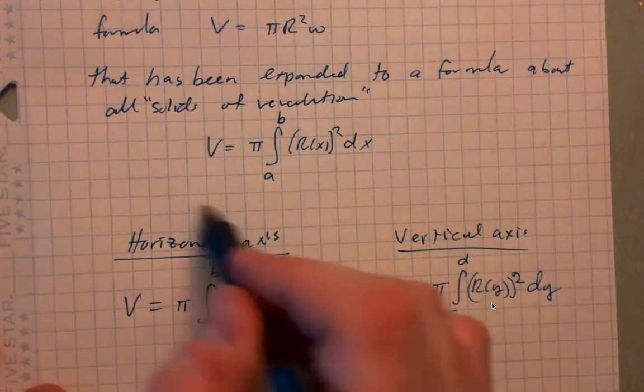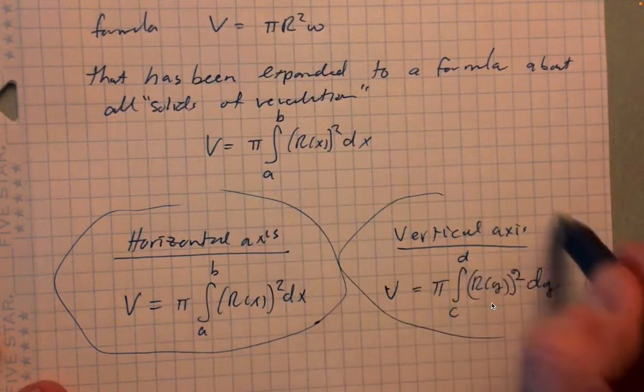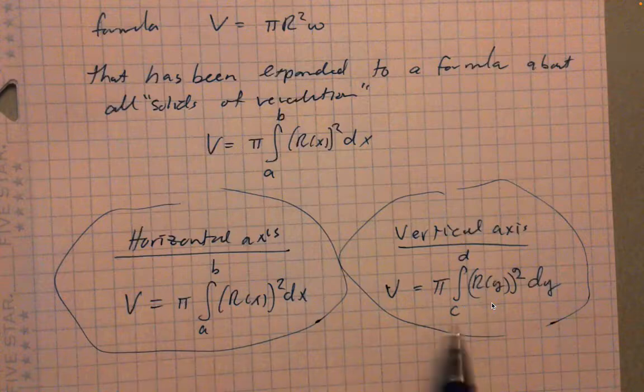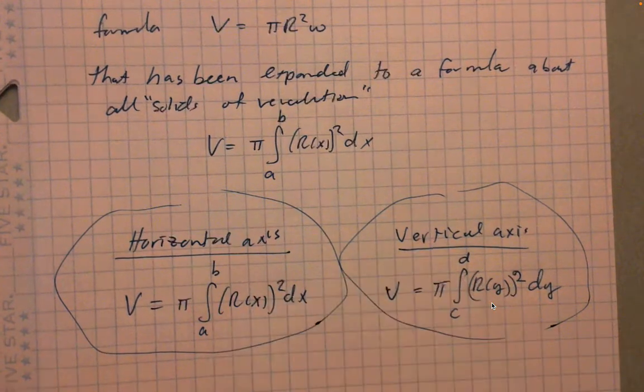We'll talk about this in a second, but these are the two basic flavors of the disk method. And actually, this is a particular case of the disk method, which we'll talk about in a moment as well. We'll generalize this ever so slightly, but we're going to start with this and use this to do a few examples.